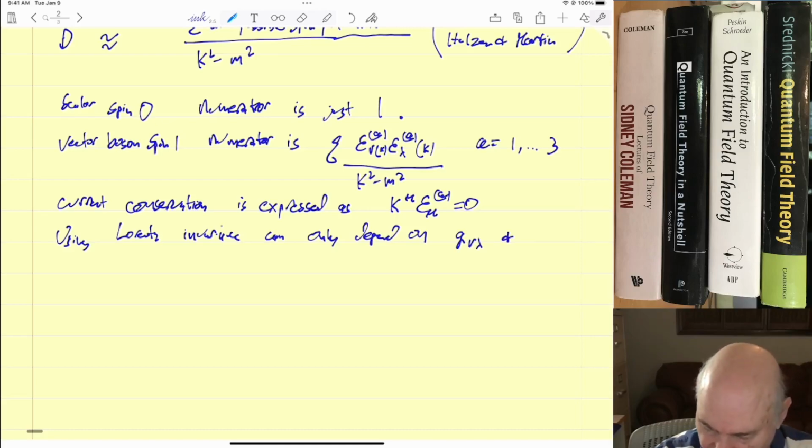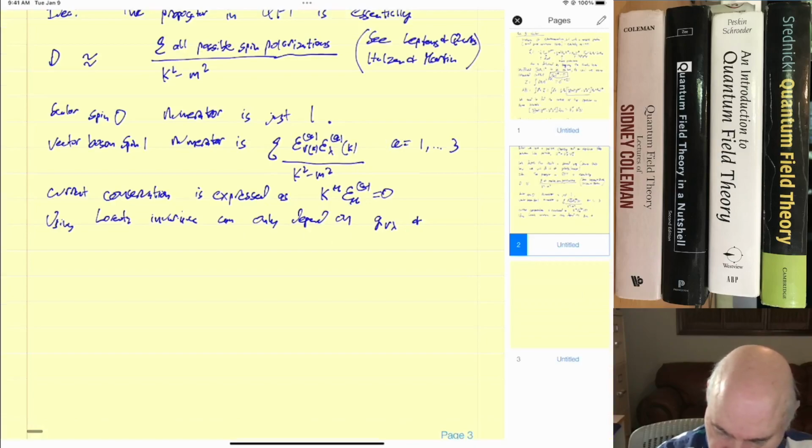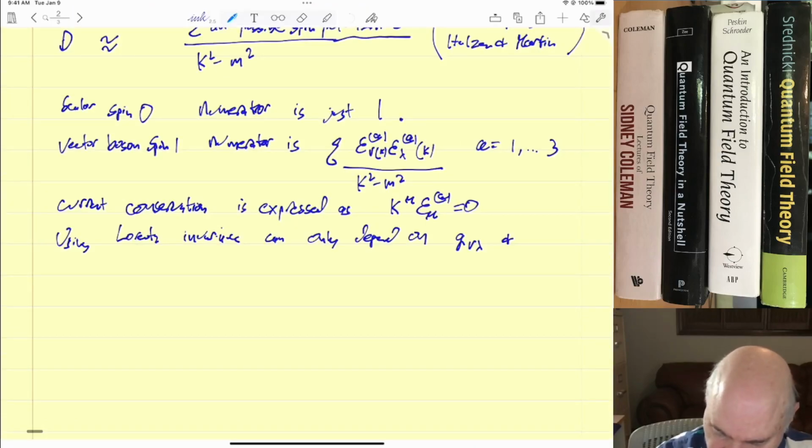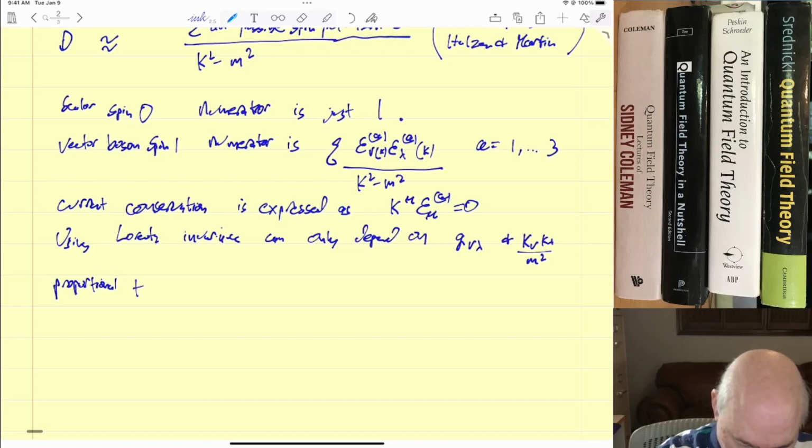We need two indices because we're going from one to the other. That's the nu and the lambda. So it can depend on G nu lambda, and the only other thing we have available is k nu k lambda. Make it dimensionless, divide by m squared. Using this condition, it has to be proportional to G nu lambda minus k nu k lambda over m squared.